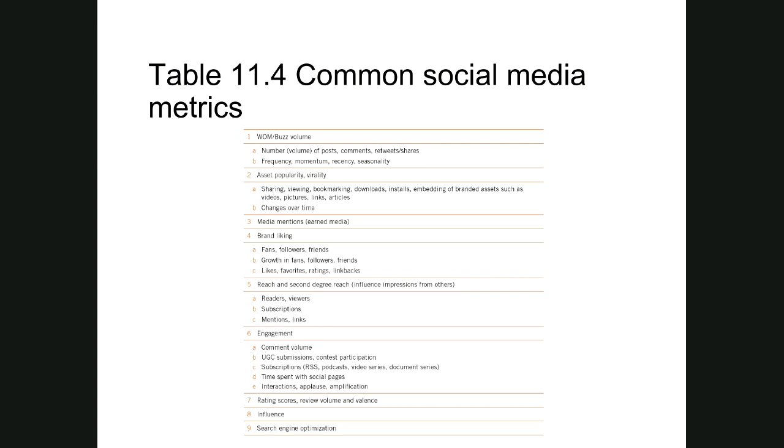These are just some common social media metrics. You can see if other sites talk about us. That's earned media we didn't have to pay for, right? If we increase our followers, that'd be a good metric.